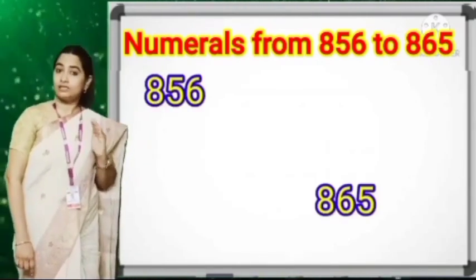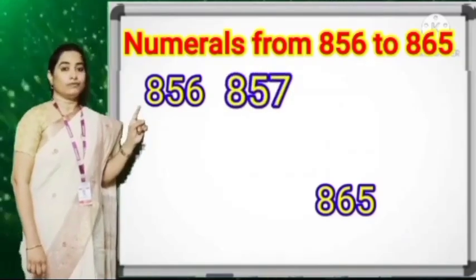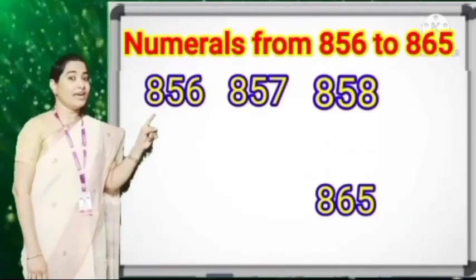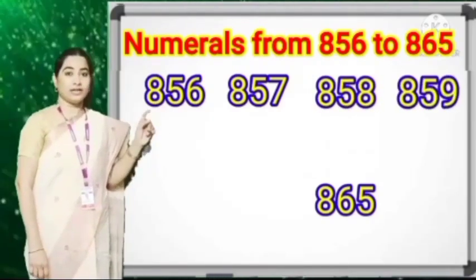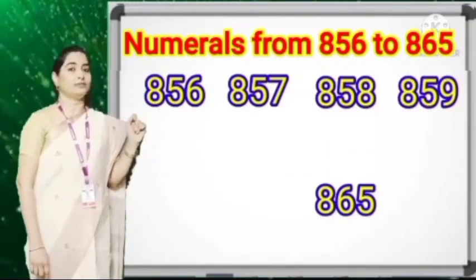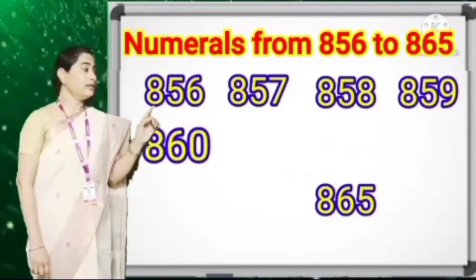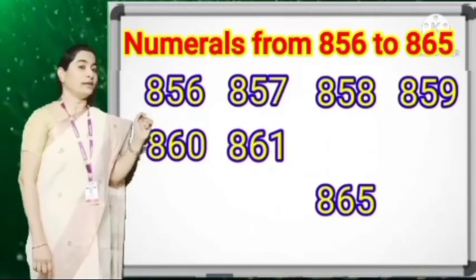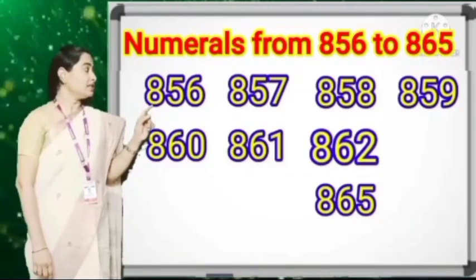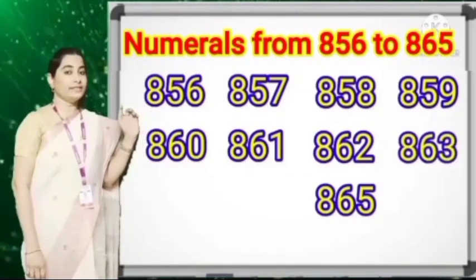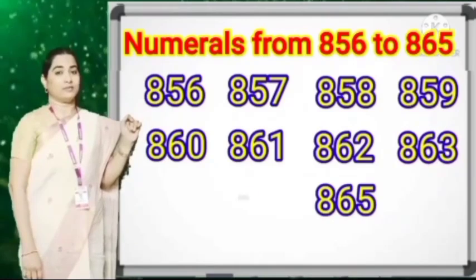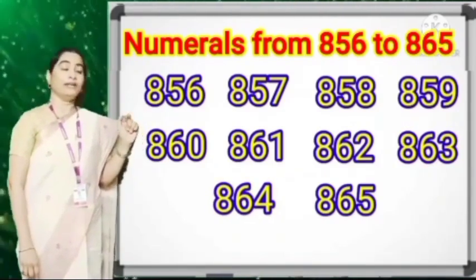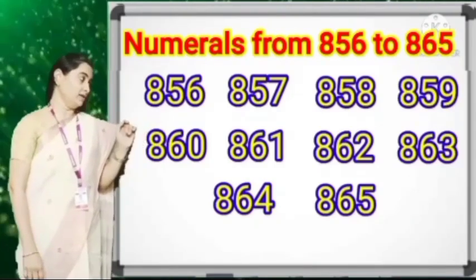So what will be the next number? 857, 858, 859, 860, 861, 862, 863, 864, and 865 is already there.